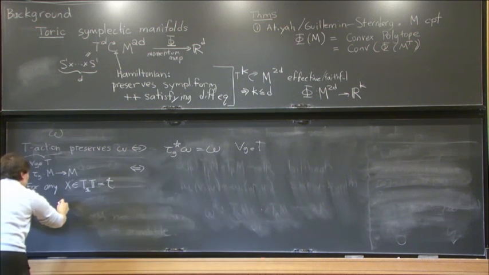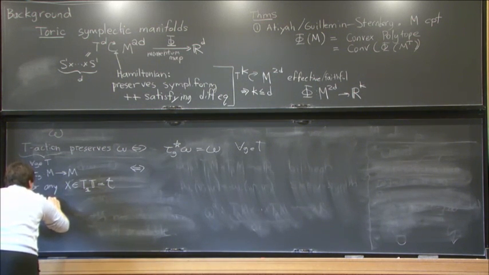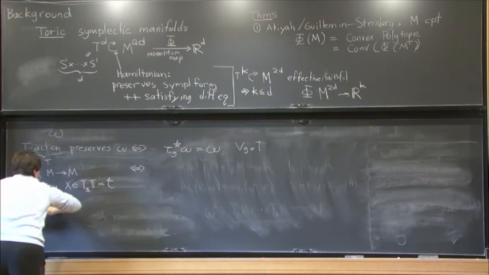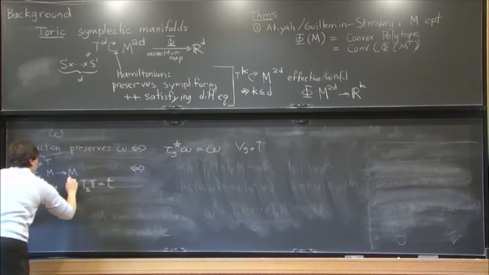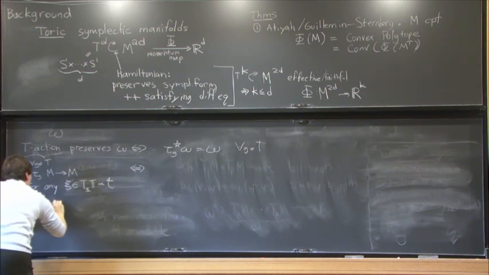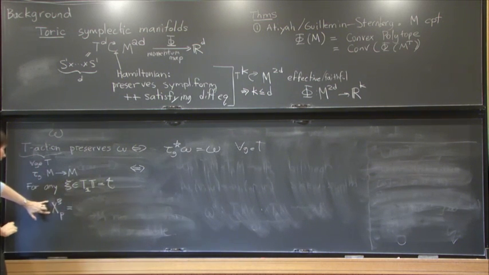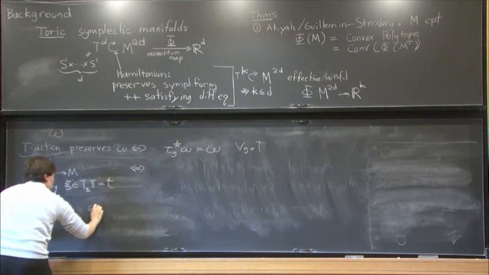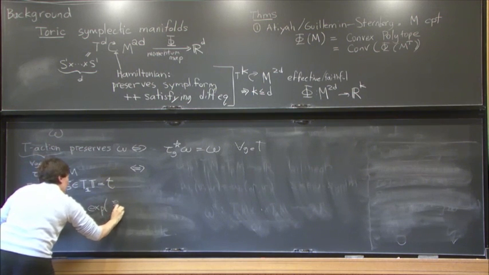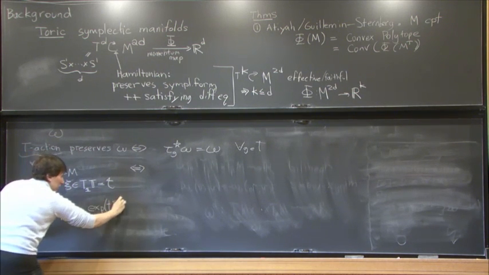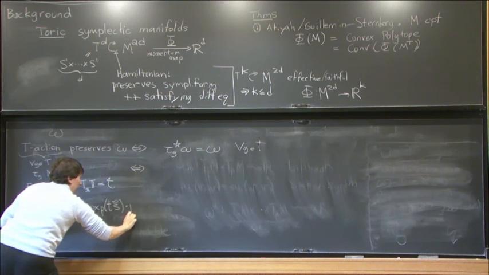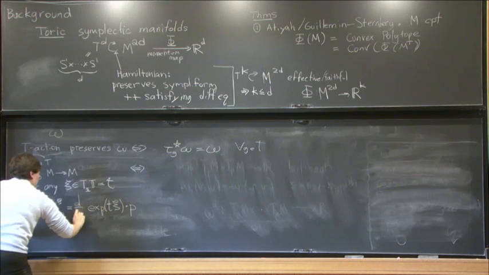Okay, so in equations, I'm going to call that x-sharp. Then x-sharp at a point P is a tangent vector at P, so I exponentiate x for all real numbers to get a one parameter subgroup. I look at how that acts on P, and then I take a derivative.